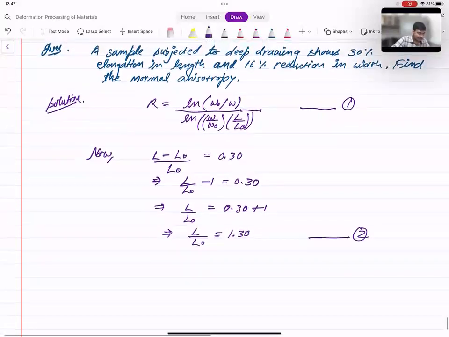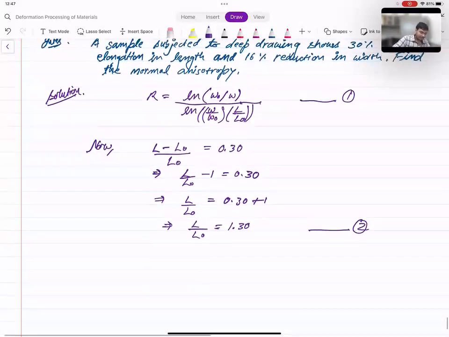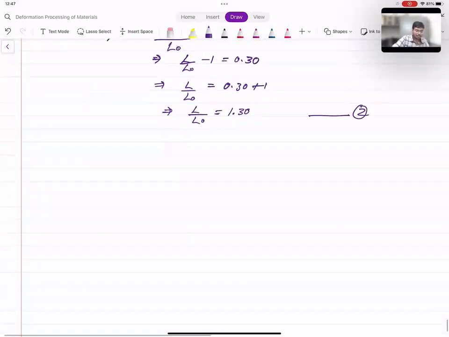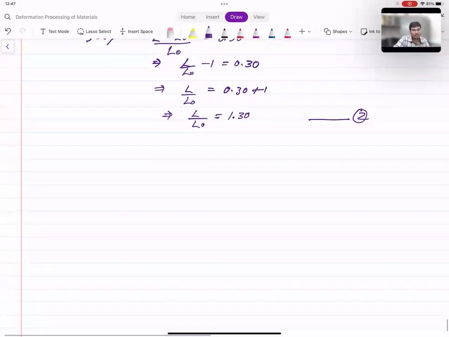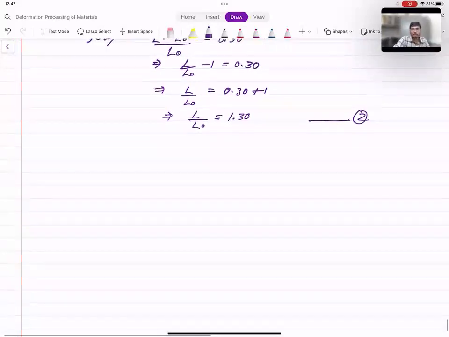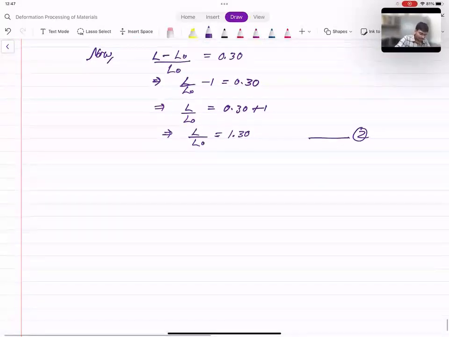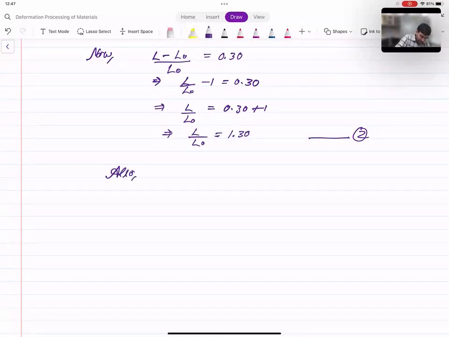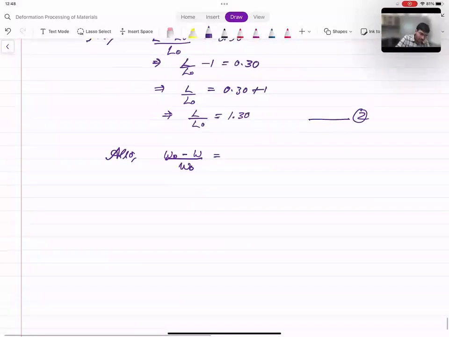Okay, so now the reduction in width is given to us. Reduction means the final width will be lower than the initial width. Okay, so this reduction is written as, since final width is lower, then W naught minus W over W naught is given to us as 16%.